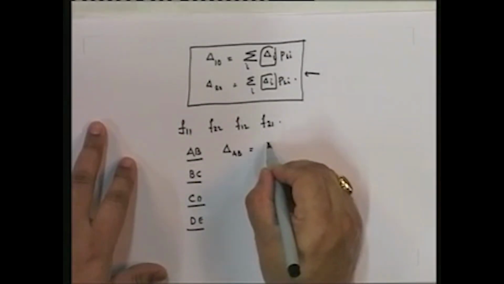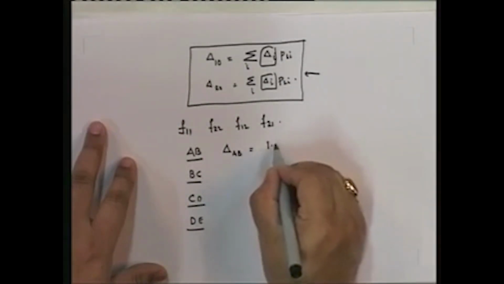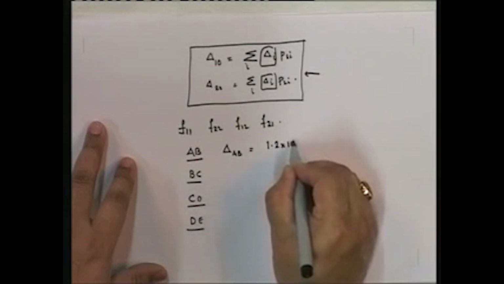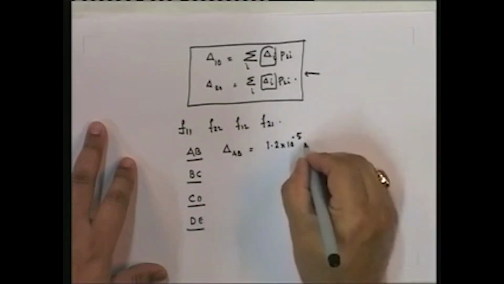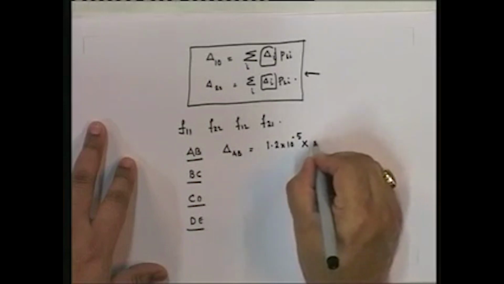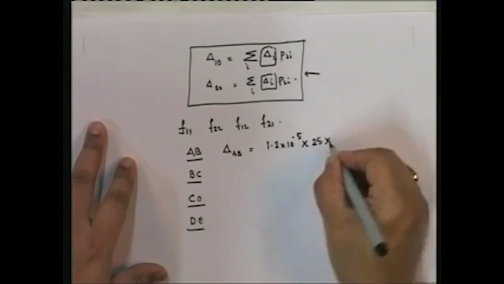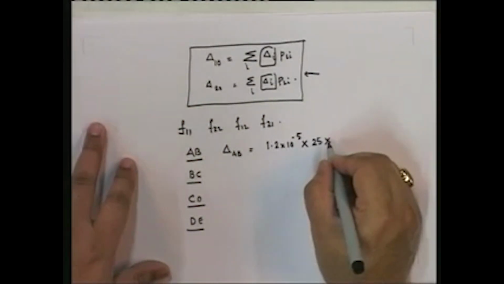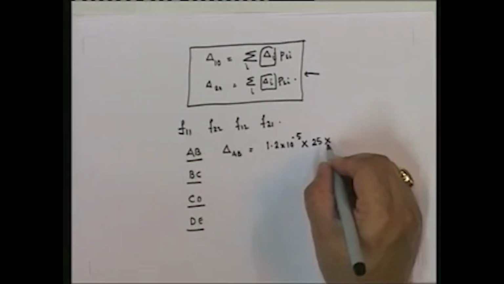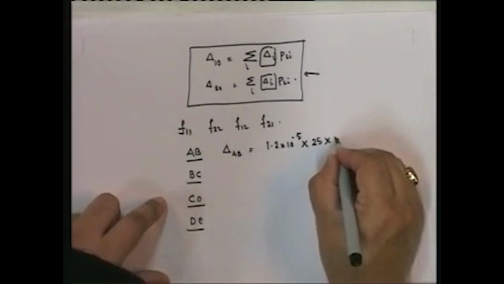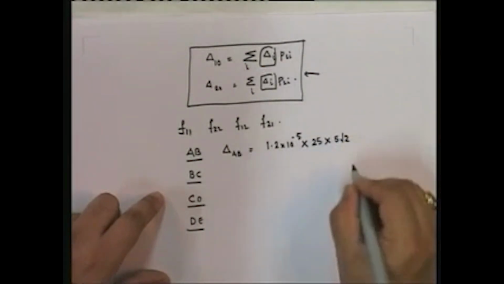Alpha, which is 1.2 into 10 to the power of minus 5, into delta T. Delta T is 25 degrees, into L. What is LAB? LAB is equal to 5 root 2.